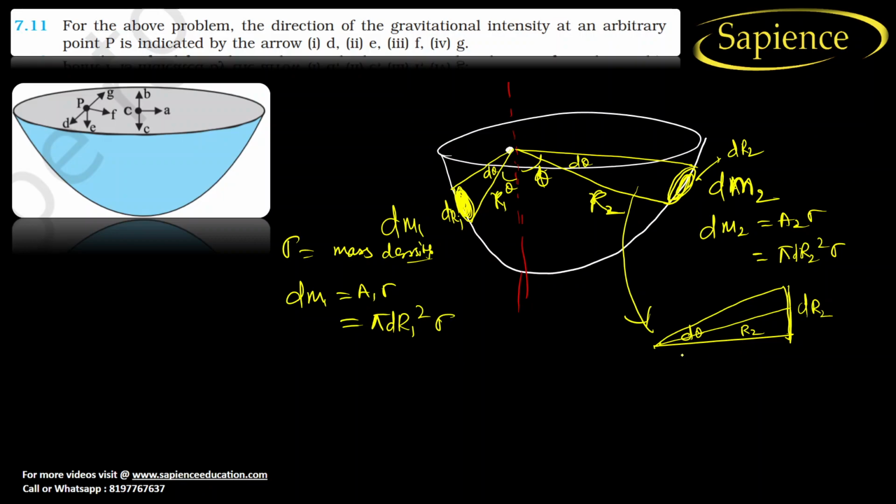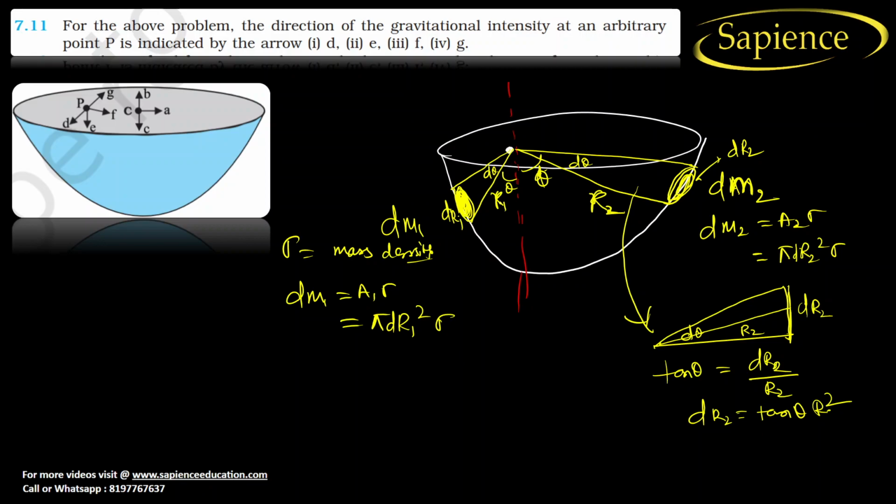Now from this triangle, what we can consider, tan theta is equal to dr2 by r2. So dr2 can be considered as tan theta into r2.